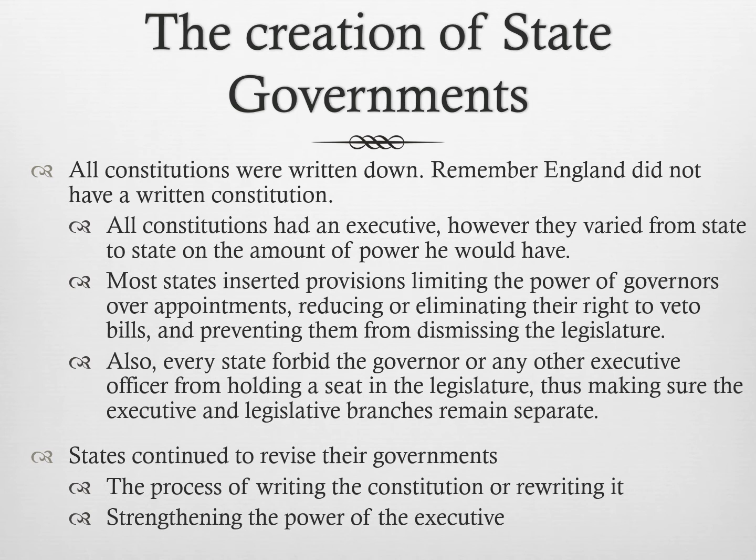Now, when you talk about the American Revolution, we need to really discuss the creation of these state governments. So let's look at the first state constitutions. Connecticut and Rhode Island are going to be the first. All constitutions are going to be written down simply because England had a constitution, but it was never written down, and so it was very easy for it to be twisted and manipulated by whoever was in power.